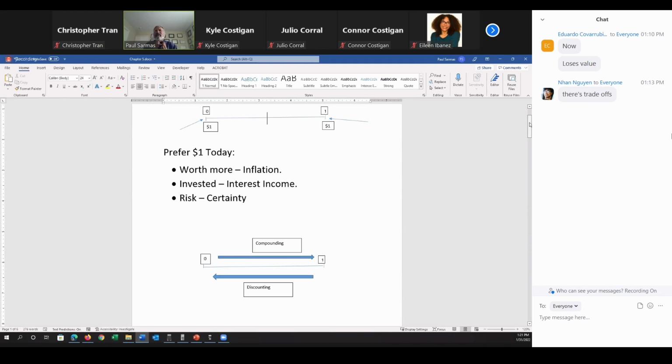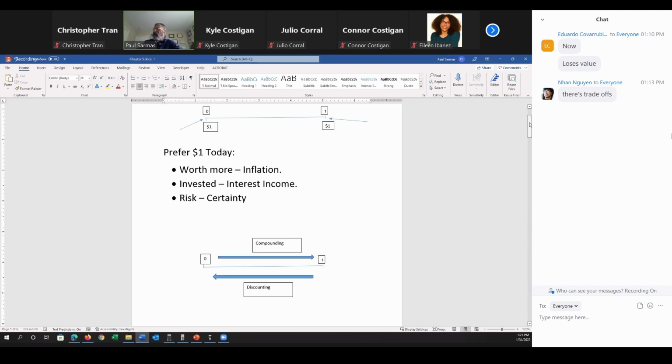You either have to find the future value of a dollar today, to see if you get a dollar today, how much is that worth 1 year from now, or take the dollar 1 year from now and find out how much it is worth today.